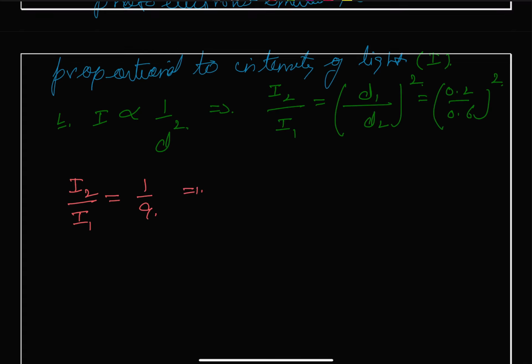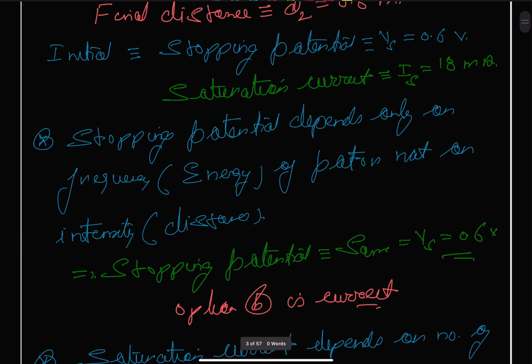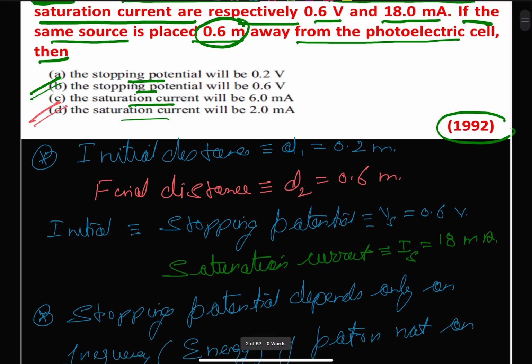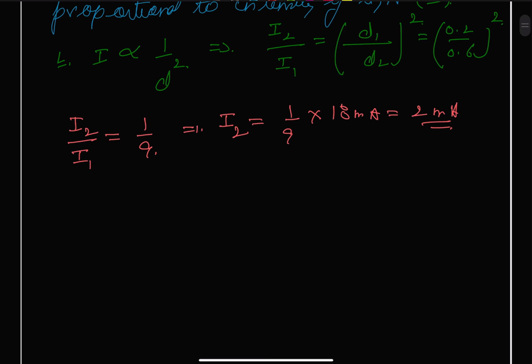So I2 is equal to 1 upon 9 of I1, and the value of I1 we know is 18 milliampere. So this comes as 2 milliampere. So therefore 2 milliampere, option D is correct.